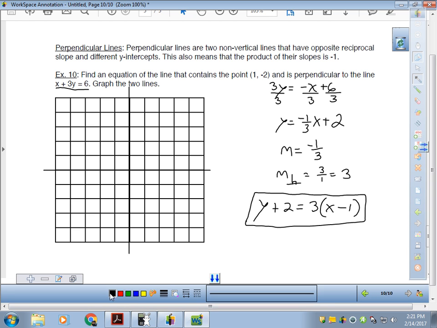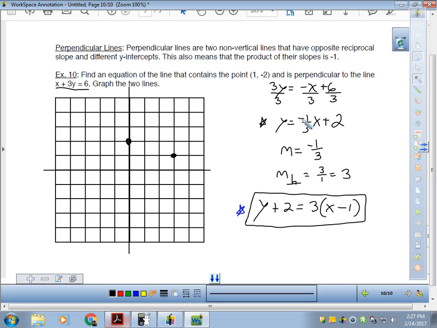Alright, so I'm going to graph these lines. I'm going to graph the original one they gave us here in black, and then I'll graph the perpendicular one in blue. So for this one, the y-intercept is 2. So up 1, 2, right there. My slope is -1/3, which means I go down 1 and to the right 3.